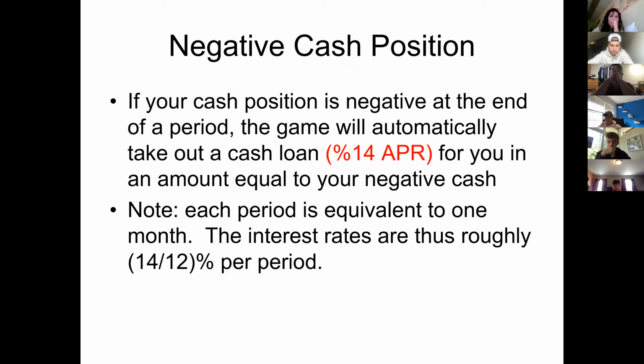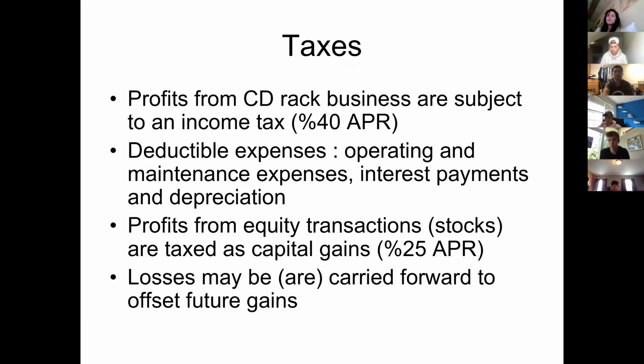Okay, so this is what I said. So cash loans, the annual percentage rate is 14%. So per period, that's 14 divided by 12 per period. Okay, so if you make a profit, there's an income tax, which is 40% APR. However, various expenses are deductible, right?